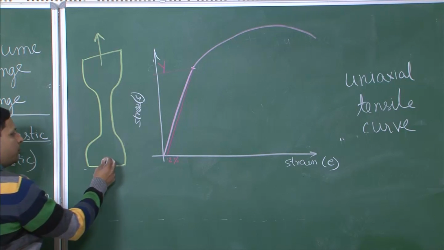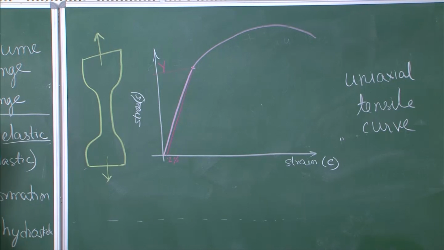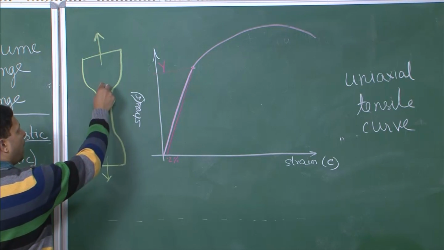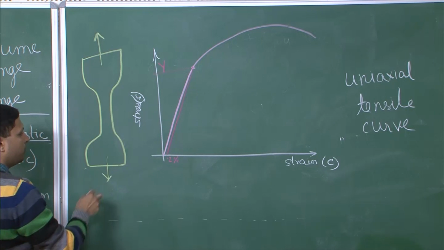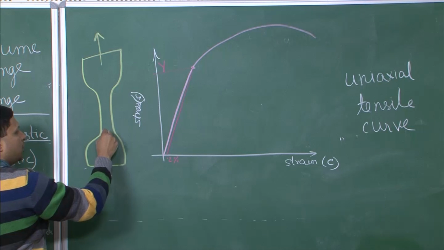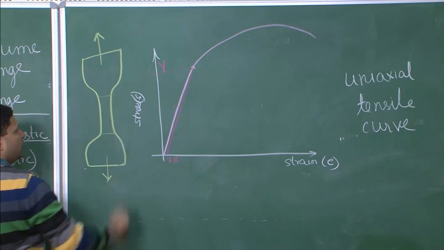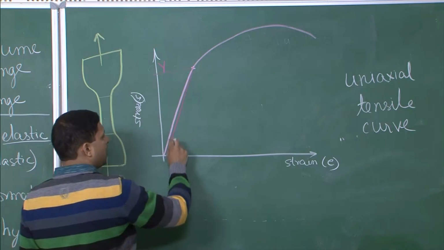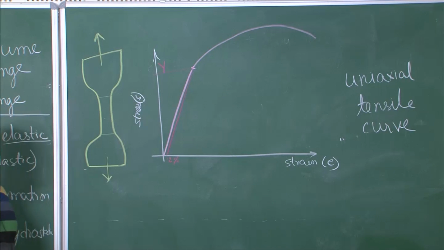You put it in a UTM, which is a universal tensile machine, and you are stretching it using two crossheads on these sides. This is the gauge length region, which undergoes deformation, and it is in this region that we are looking at all the stress and the strain.